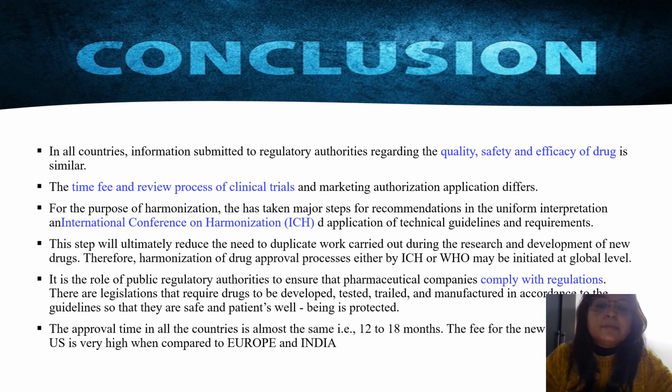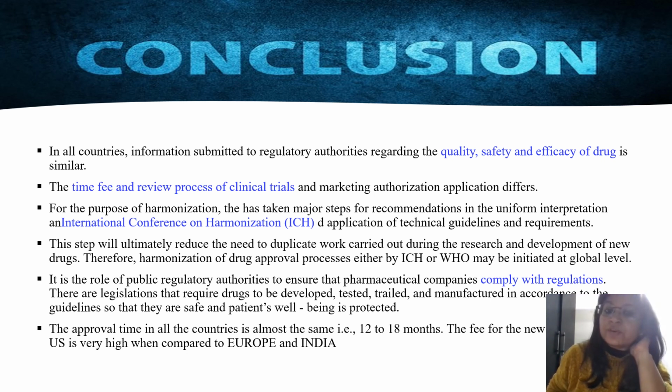With this structured form of application and authorization, and with the ICH recommendations, harmonization exists in the drug approval process, and it is for the benefit of the public that regulatory bodies regularly upgrade themselves and comply with the regulations, because these legislations require drugs to be developed, tested well, and manufactured in accordance with the guidelines.